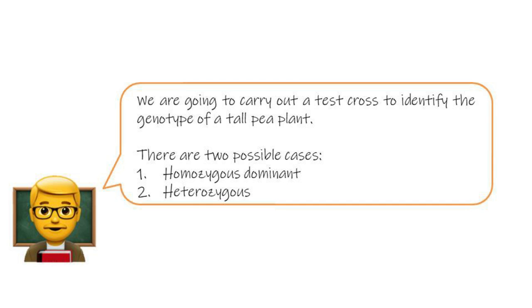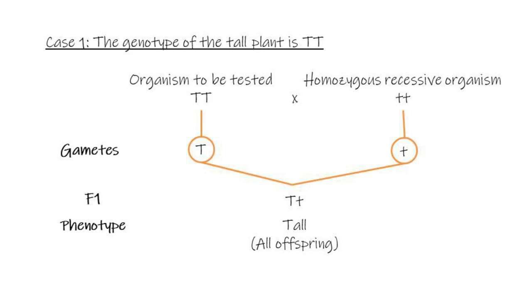There are 2 possible cases. The genotype of the tall plant is either homozygous dominant or heterozygous. Let's look at the case where it is homozygous dominant. From case 1, you can see that all the F1 generation is heterozygous with the phenotype of tallness in all offspring.